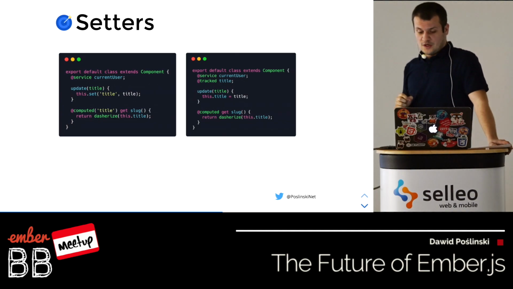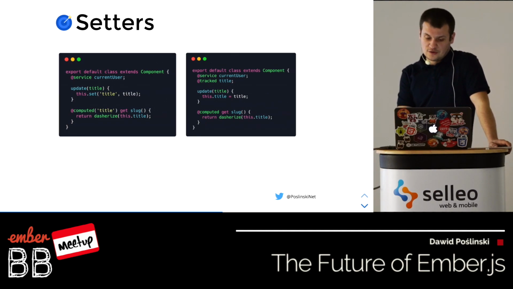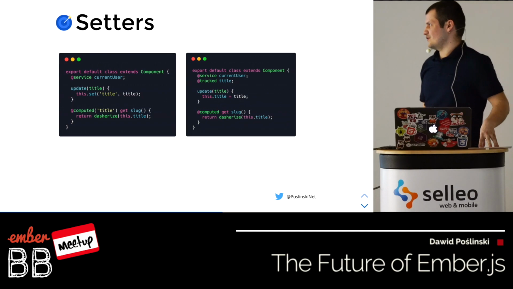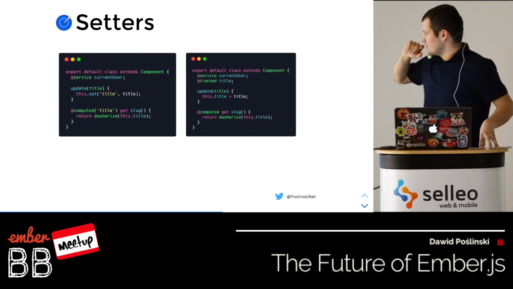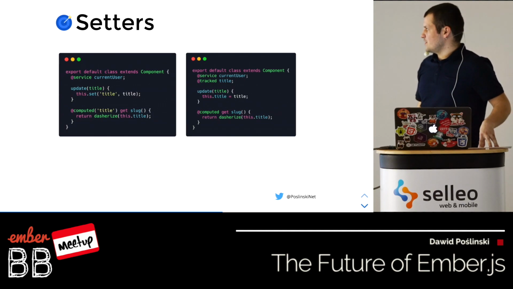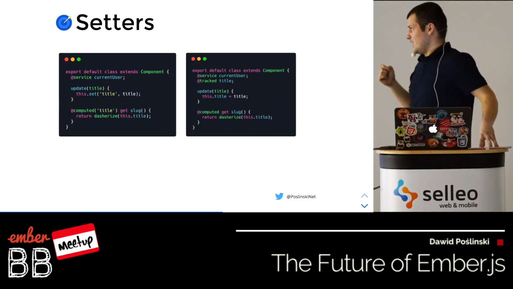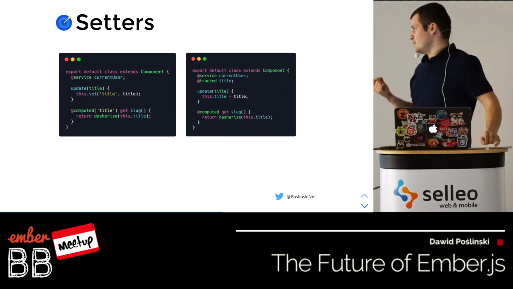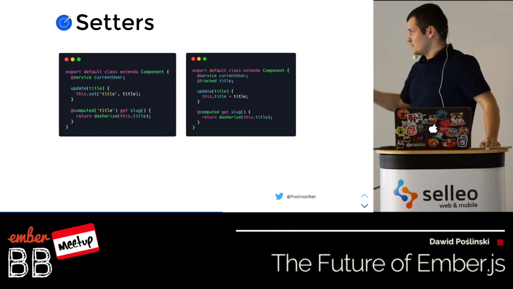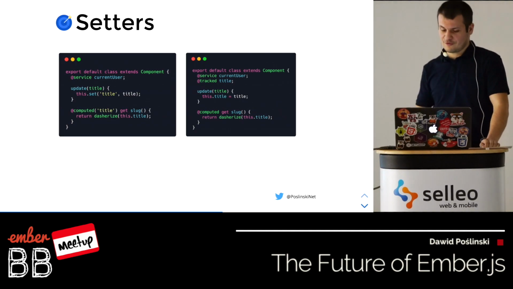And in fact, just by adding the tracked title decorator, we will be able to get rid of passing the list of all properties that our computed property should be triggered by. So for instance, you can see at the bottom, the computed doesn't have to know that title is a dependent property of the slug. It will be automatically notified even if we use native setters syntax, of course, if we use tracked title.